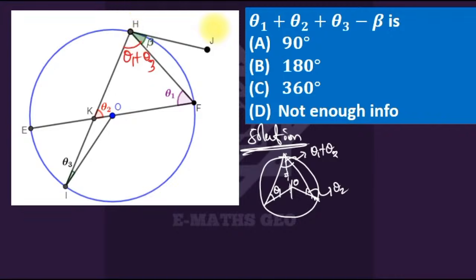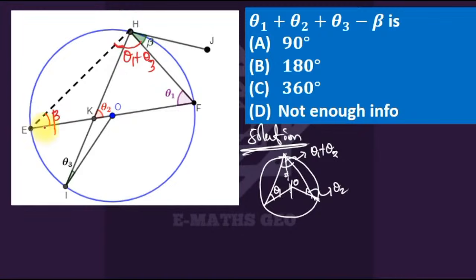So if I add an auxiliary line running from E to H, what do you notice? Since here is beta, here is also beta. They gave us here theta 2. So once I know this, we can relate this and this.